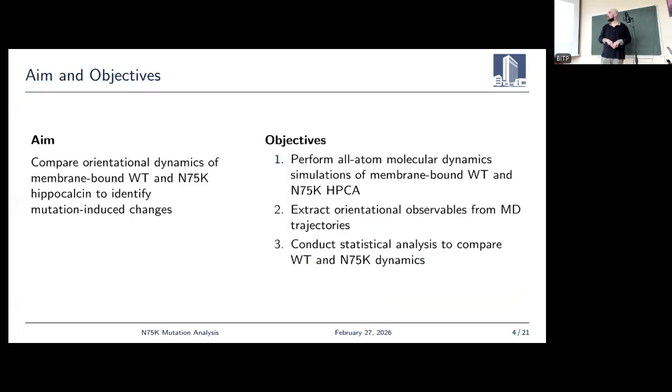So the aim was a comparison of the wild type and the 75K form.